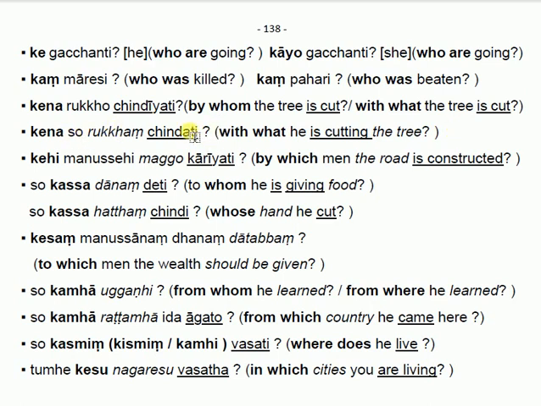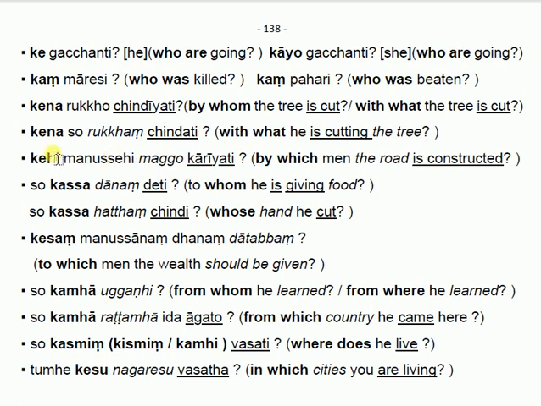If we ask about the agent or the subject, then by whom. And if we ask about what helps to do this action, to cut this, then with what. Kena rukko chindiyati, by whom the tree is cut, or with what the tree is cut.